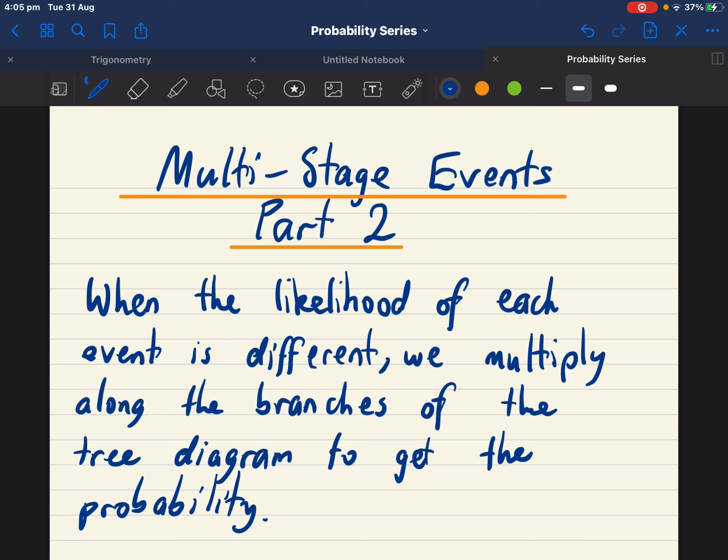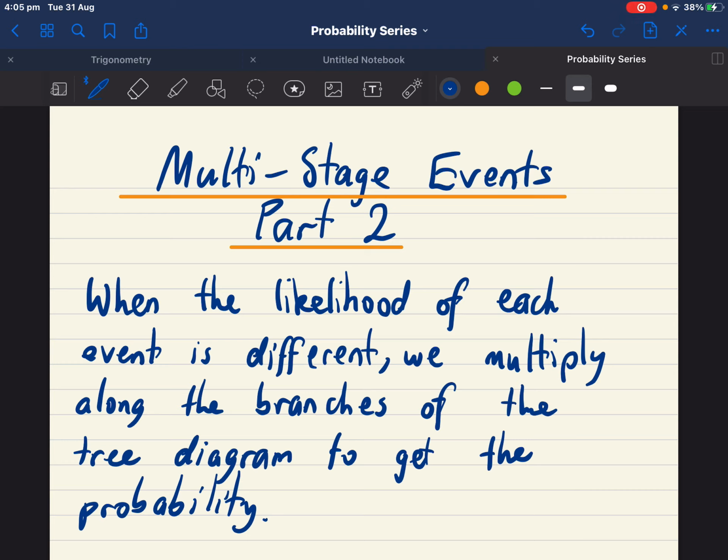For as unwieldy and as large and as sometimes messy as it can get, it is the absolute king of harder multi-stage event questions, even ones that are two stages where you really just want to use that sample space table anyway. For the harder ones, you're going to see when the likelihood of each individual event or branch is different, tree diagrams really are the powerhouse that they are. So let's check it out.